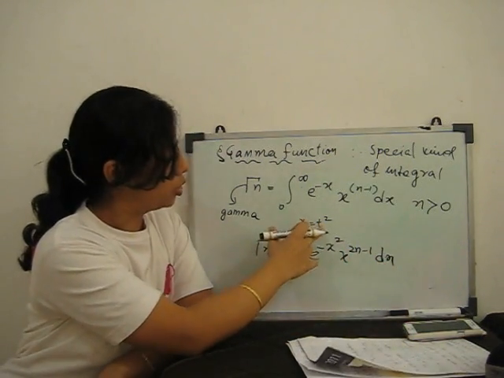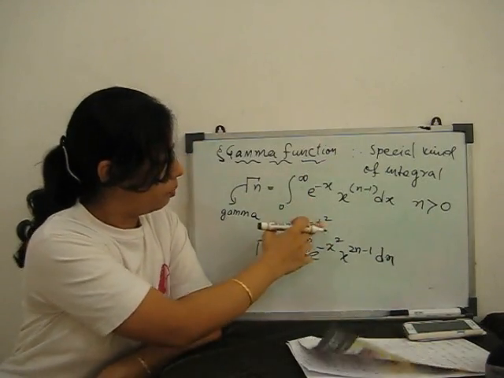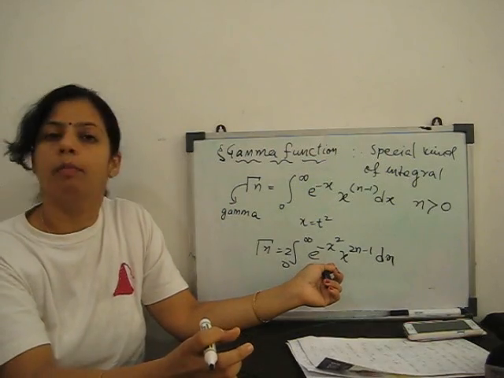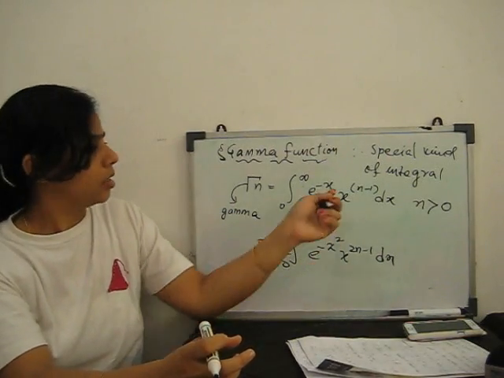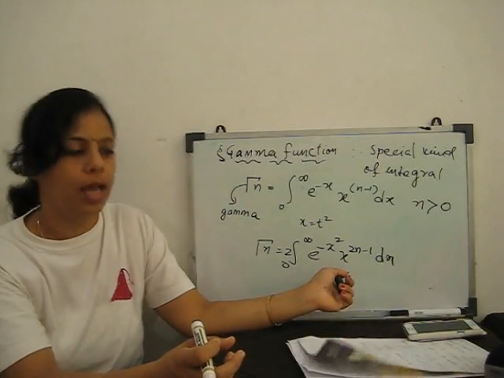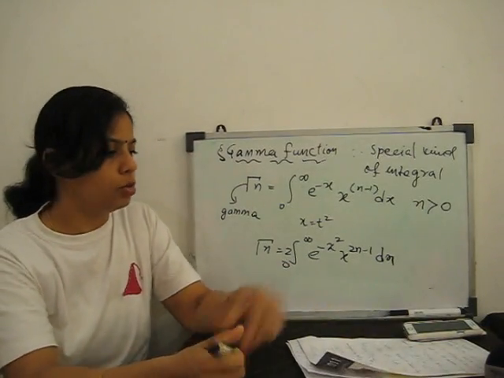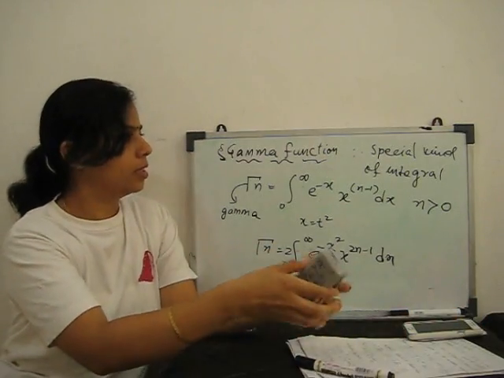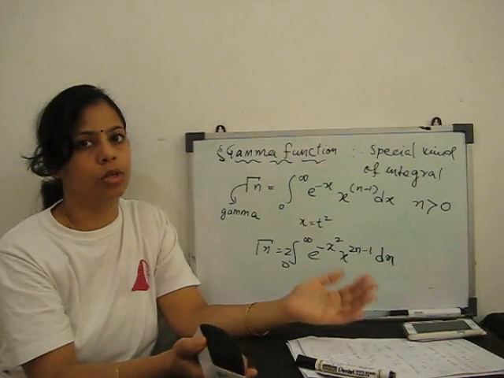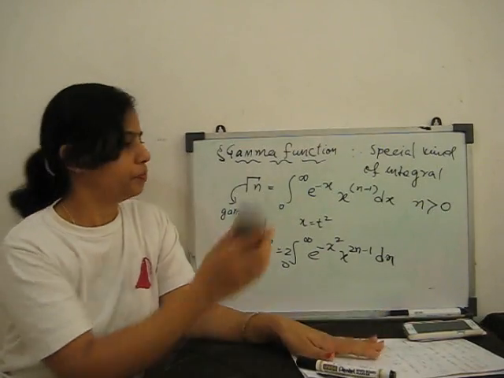I put x equal to t square, derived, and replaced t again in terms of x. That is another form of the gamma function. Either you write this or this, both integrals give the value of gamma n. Now I will give you some properties of the gamma function, then we discuss some integrals and problems.